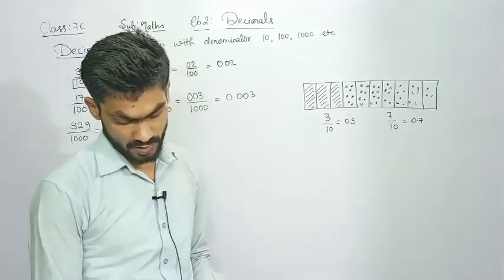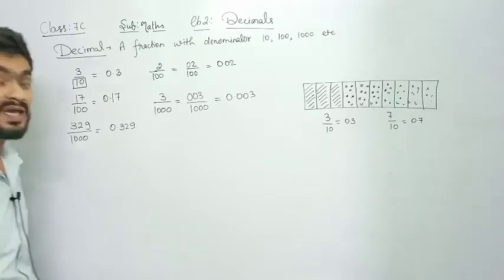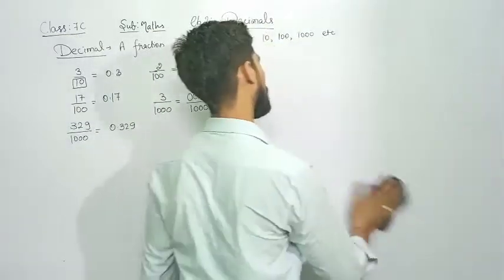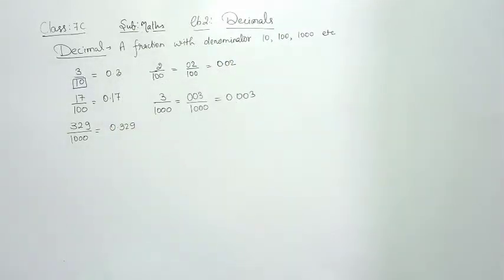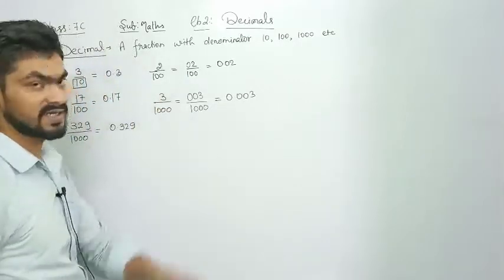Now my dear children, we have to study how to read it. Whenever you have a decimal number, you will not read the place value of the decimal number, only the face value you will read after the decimal.